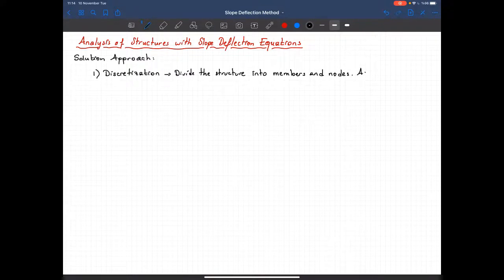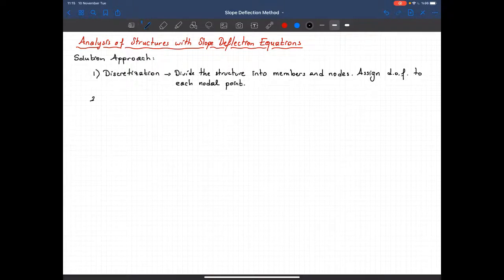And then we'll assign degrees of freedom to each nodal point. This is what we have been doing so far. That's the first step, right?